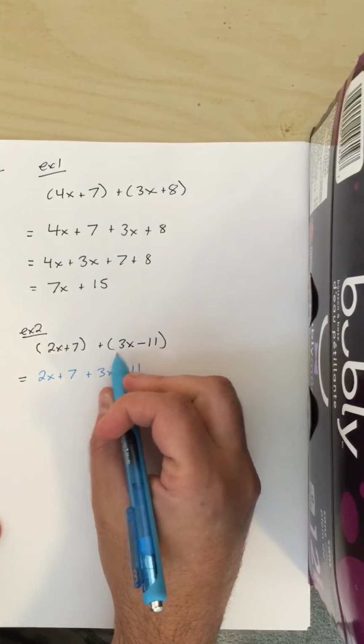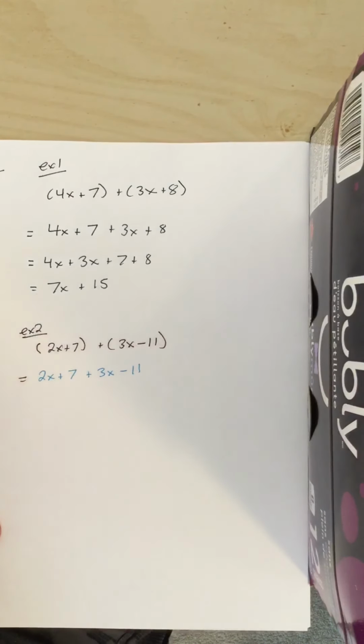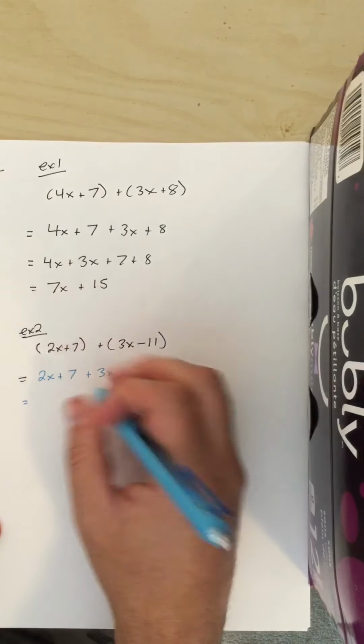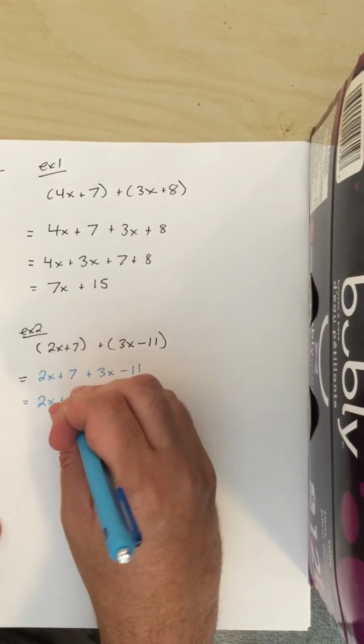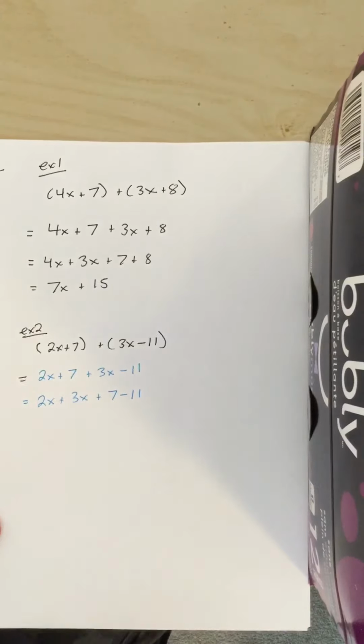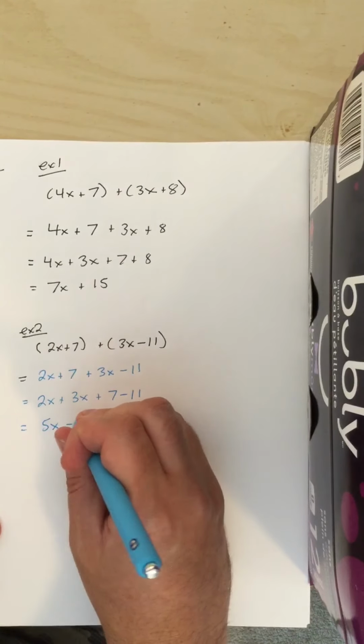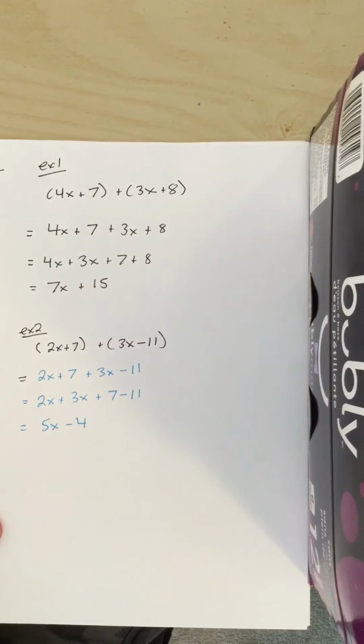And it stays negative. That was positive, it stays positive. That was negative, it stays negative. Then we collect like terms, so I'll bring the x's together, and I will bring those together. And we're going to get 5x minus 4. And that's that.